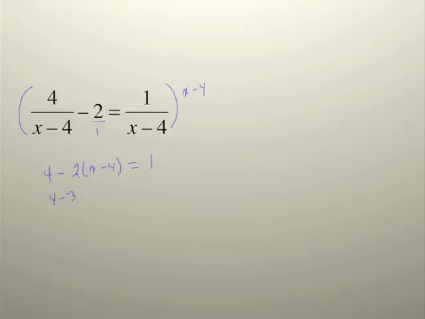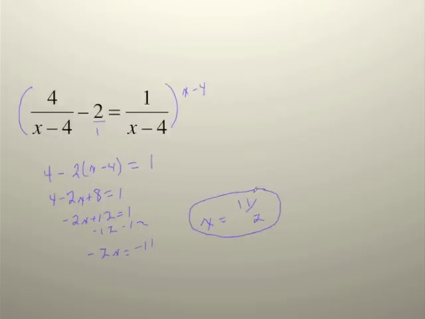So 4 minus 2x plus 8 will equal 1, or negative 2x plus 12 equals 1. Subtract 12 from both sides. Negative 2x equals negative 11, or it turns out x equals 11 halves when I divide both sides by negative 2.